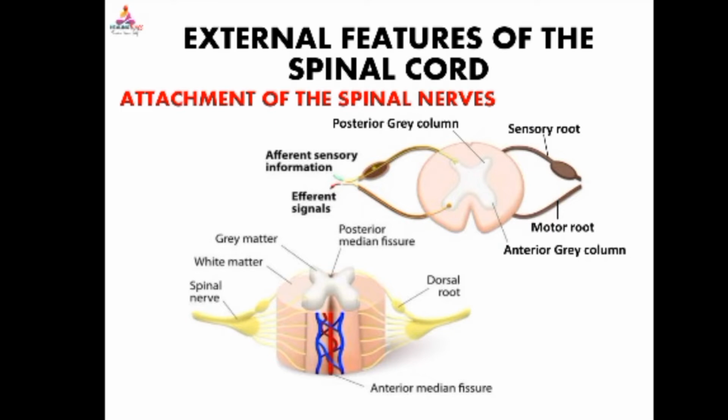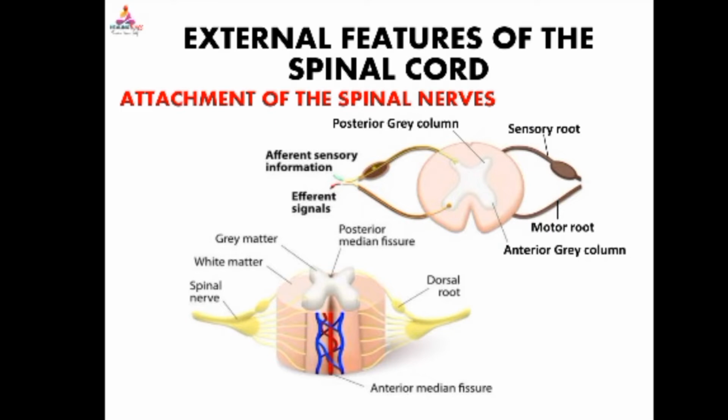The remaining spinal nerves emerge below the corresponding vertebrae. Each spinal nerve is attached to the cord by two roots, the anterior motor root and the posterior sensory root. The posterior root has a ganglion which consists of pseudo-unipolar cells. Each of the two roots is made up of a number of rootlets that arise from the spinal cord over a certain length.